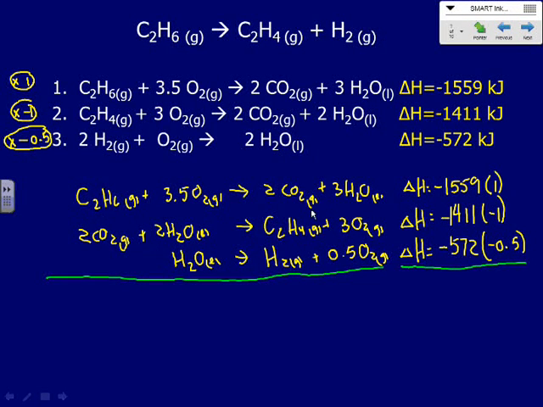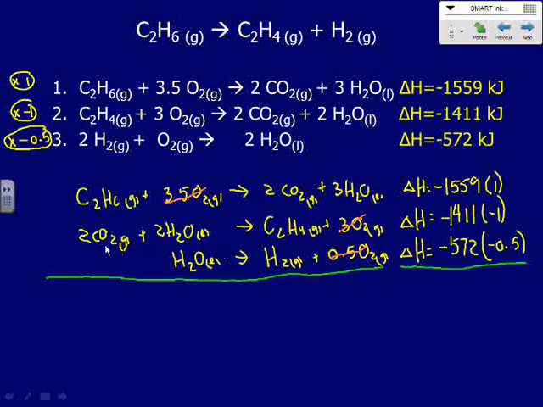So C2H6, there is no C2H6 on this side, no cancellation. 3.5 O2. Well, there's 3 O2, and there's 0.5 O2. So that means all of the O2s, 3.5, cancel out 3.5. And that's good, because there is no O2 in my final reaction, and we expect it to cancel out.